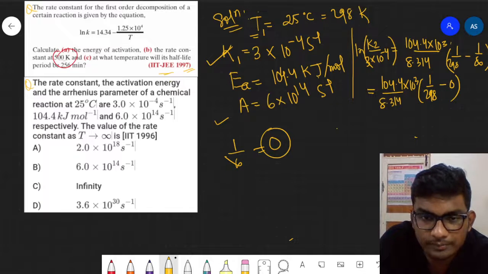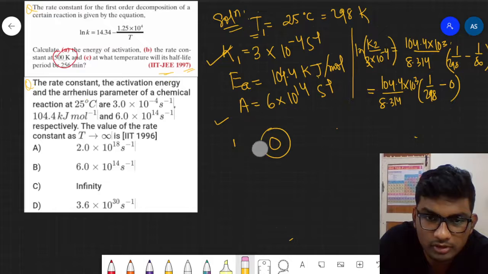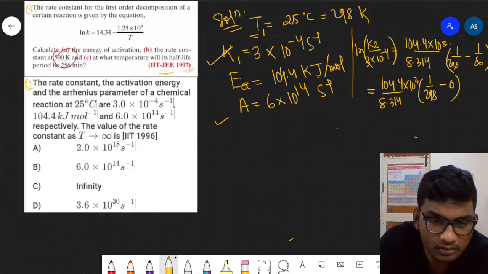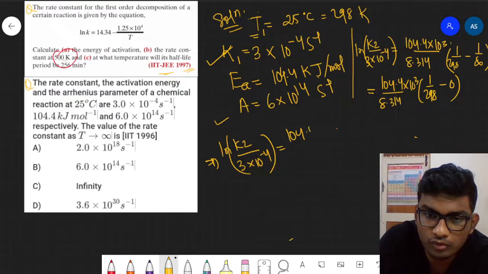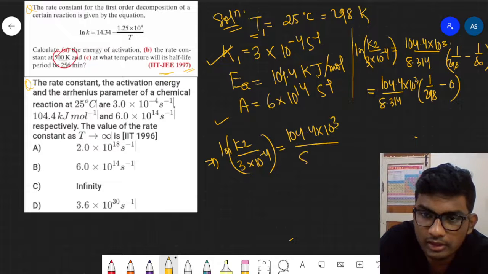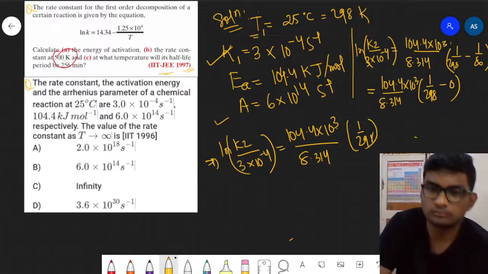So the final equation is ln K2 by 3 into 10 to the power minus 4 is equal to 104.4 into 10 to the power 3 upon 8.314 into 1 by 298. You have to solve.